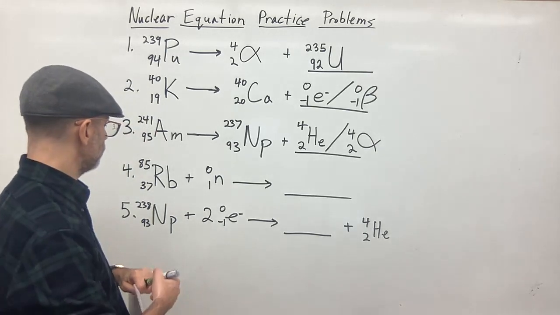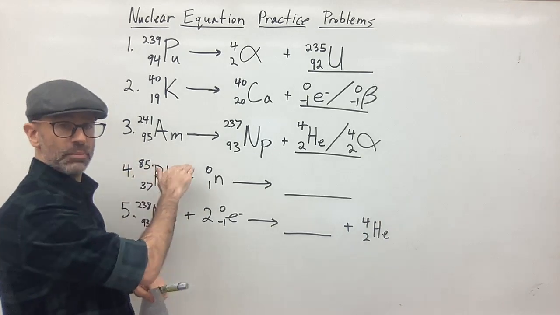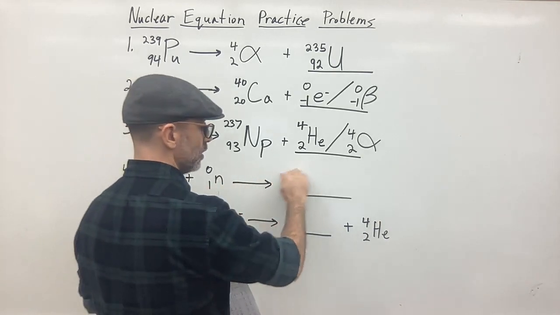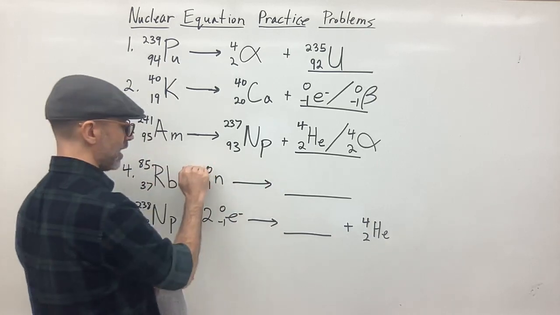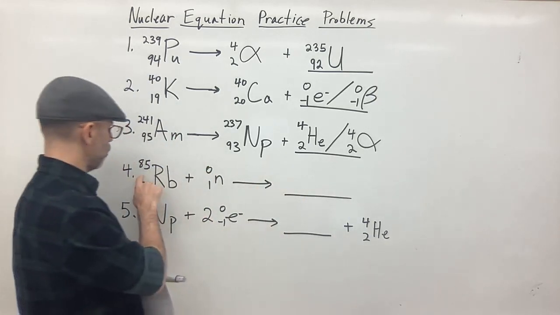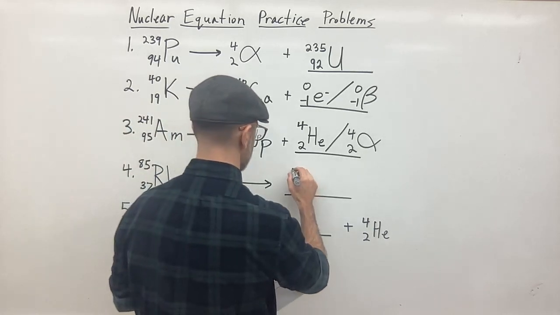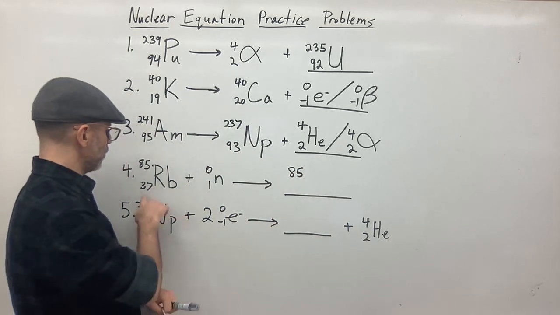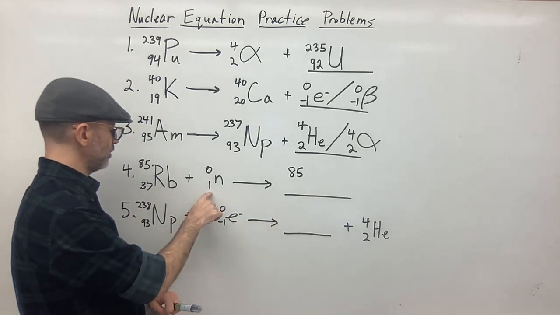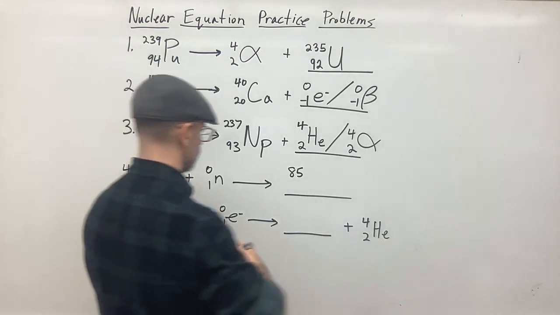So if we bombard this, remember the top numbers have to add up on this side as well as this side. So 85 plus 0 is 85. 37 plus 1 is 38.